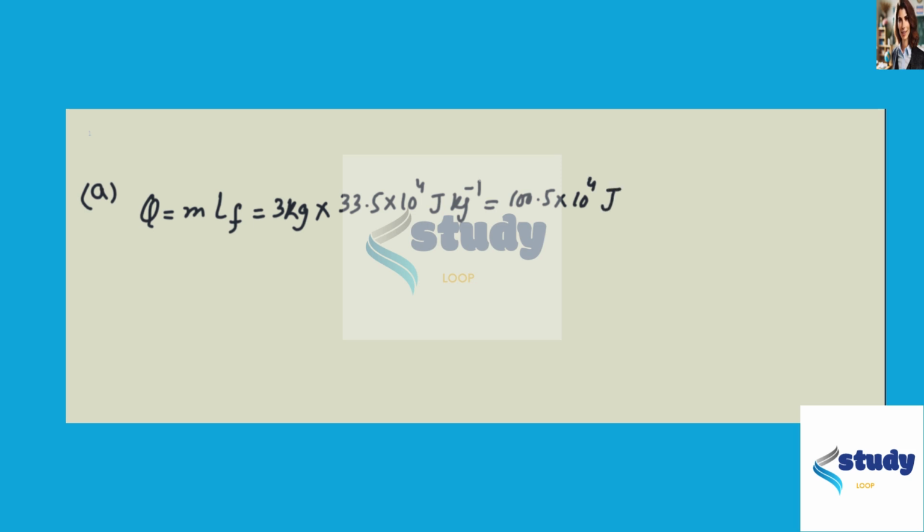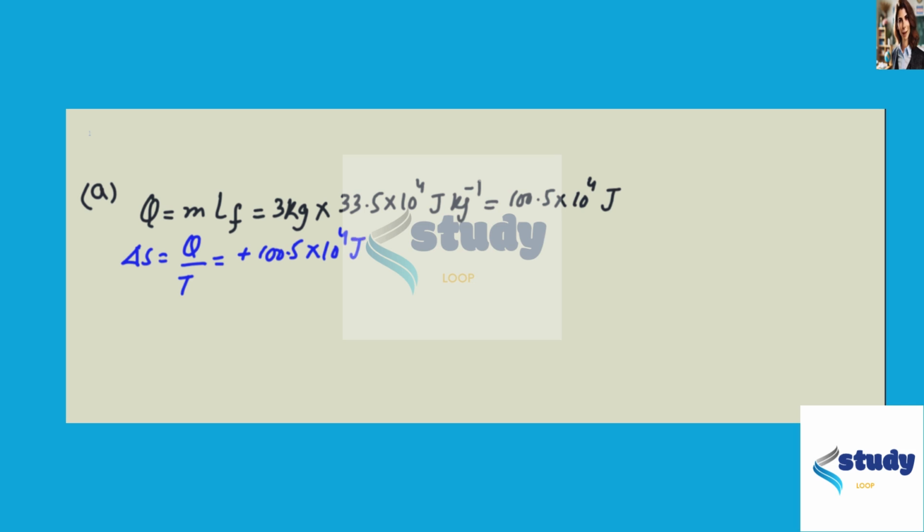Now the change in entropy when ice melts into water can be calculated by the relation delta S equal to Q upon T. Here Q is heat needed to change ice into water, that is plus 100.5 times 10 to the power 4. Here we will take Q positive.